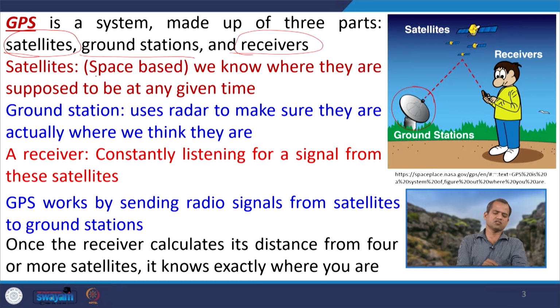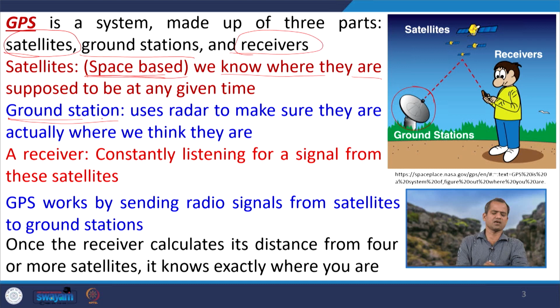And it is a space based system, the satellites. It is known where they are supposed to be at a given point of time, because we have sent them. The satellite is totally controlled by us, each and every moment, that means millisecond to microsecond we can control it. So at a given point of time we know where my satellite is.